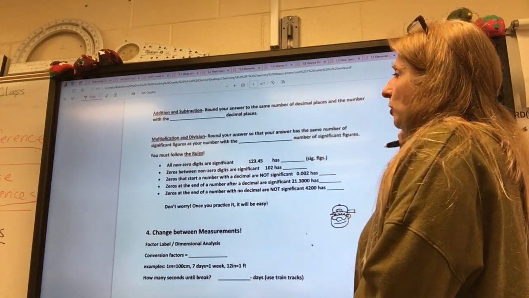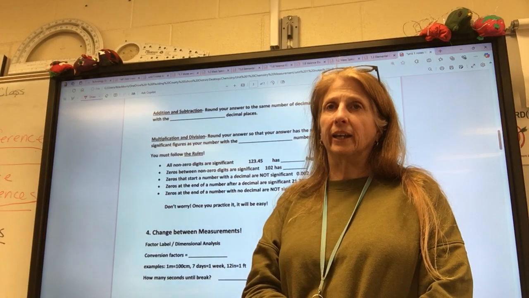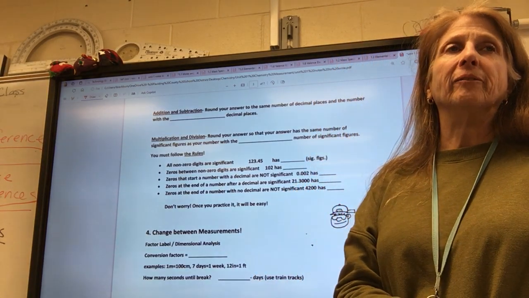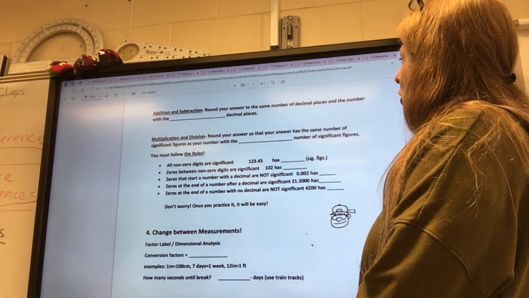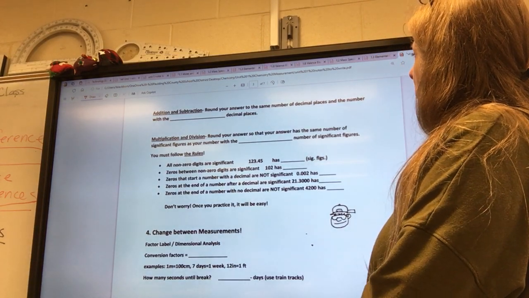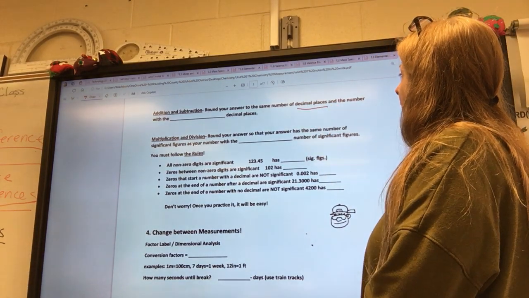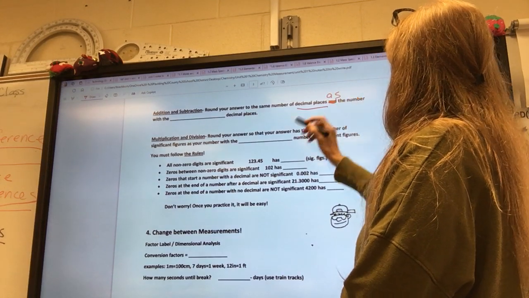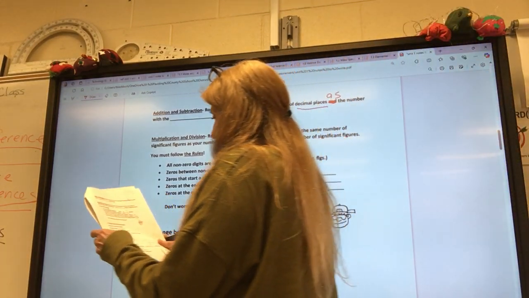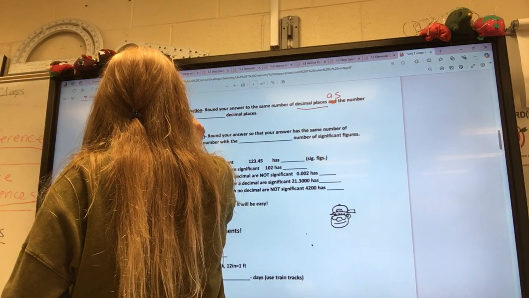So there are different rules for adding and subtracting and multiplying and dividing. So first of all, the rules for adding and subtracting: you round your answer to the same number of decimal places as, not and, mark that out and write as, the number with the least number of decimal places.